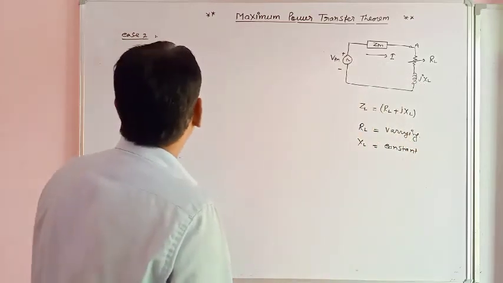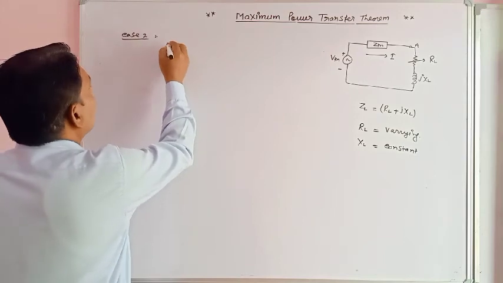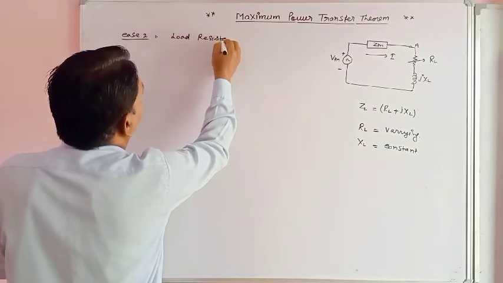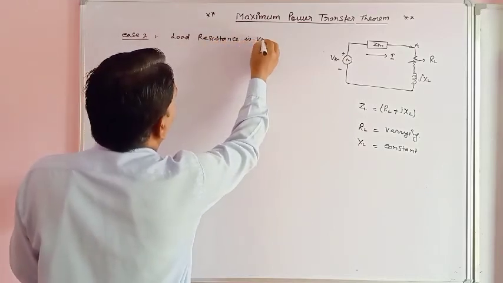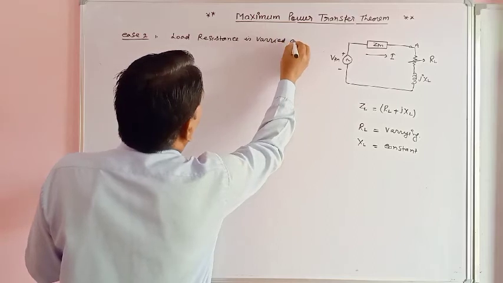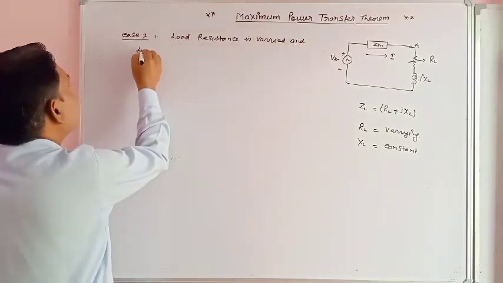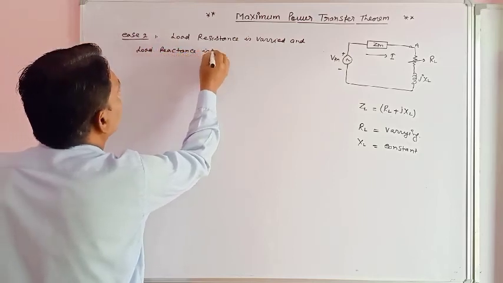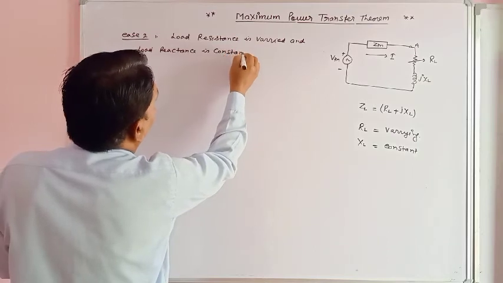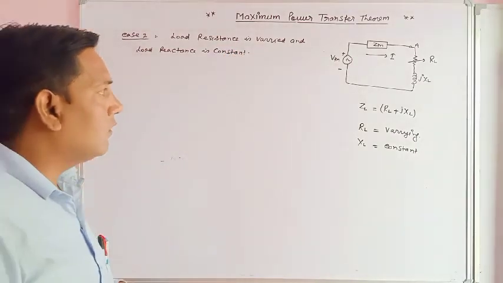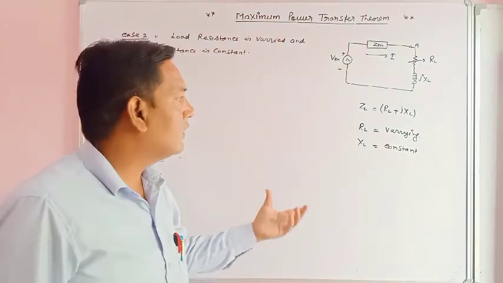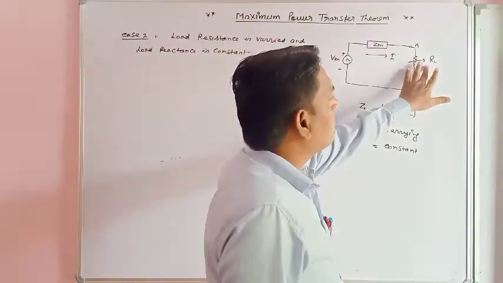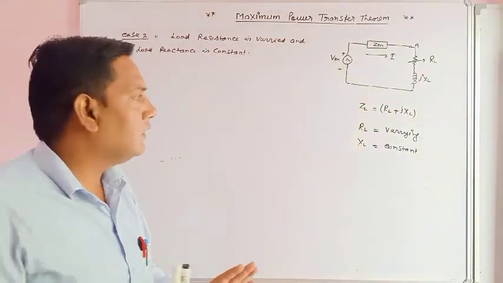So in case number two, the load resistance is varied and the load reactance is constant. RL को आप vary करा रहे हैं, you are varying the RL but you are keeping XL constant. So now as we are varying only the resistance, the power will vary with resistance, and it will remain constant with respect to XL.